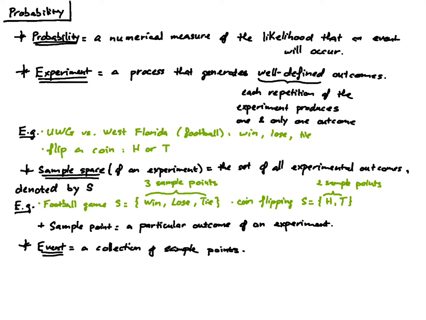So for the football game example, it's easy to think of an event as win, lose, or tie, right? An event in that case consists of only one sample point. That's normal, right? So nothing too fancy. But then an event can consist of more than one sample point.